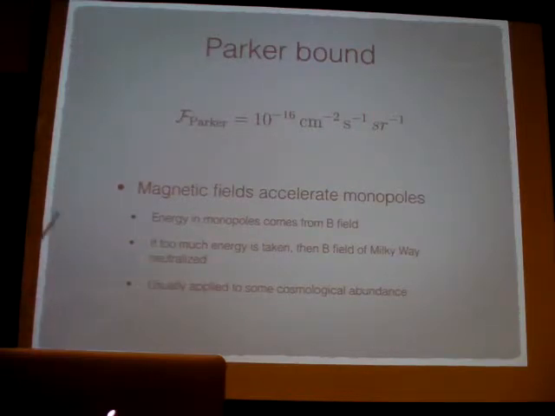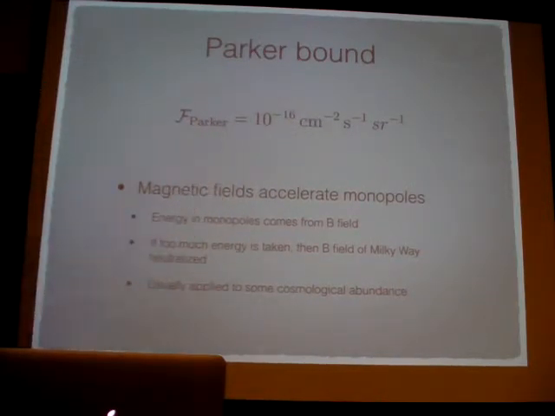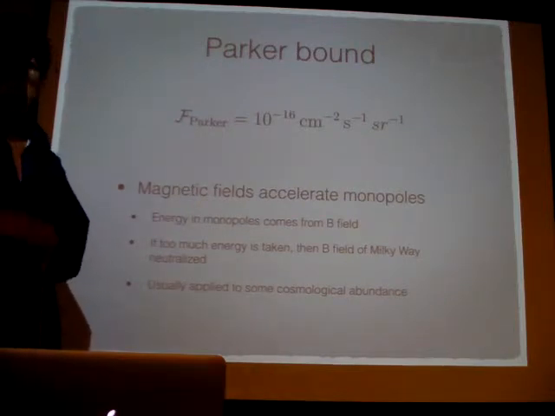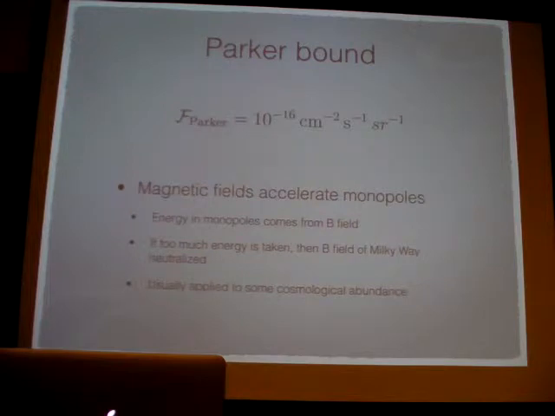The very existence of galactic magnetic fields places a bound on the flux of monopole-like objects, like magnetically charged objects. They've calculated this, and it's basically some number here. It turns out to be basically the strongest bound that we have available, essentially at all. But this is assuming that they exist already.